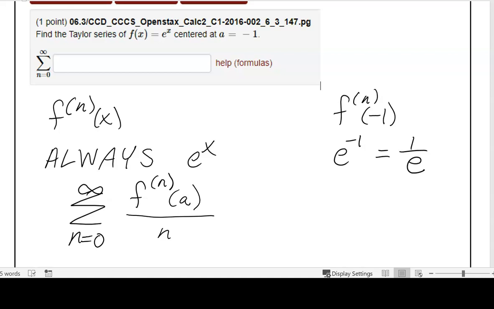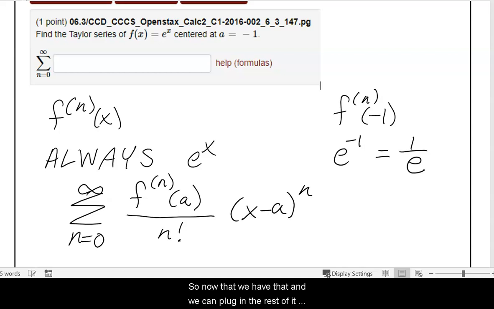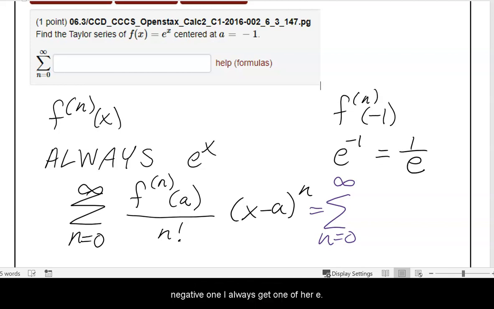Okay, so now that we have that, we can plug in the rest of it, and we know what our formula is going to look like. In this case, the sum from n equals 0 to infinity. All of my derivatives are e to the x. Plugging in the center -1, I always get 1 over e.